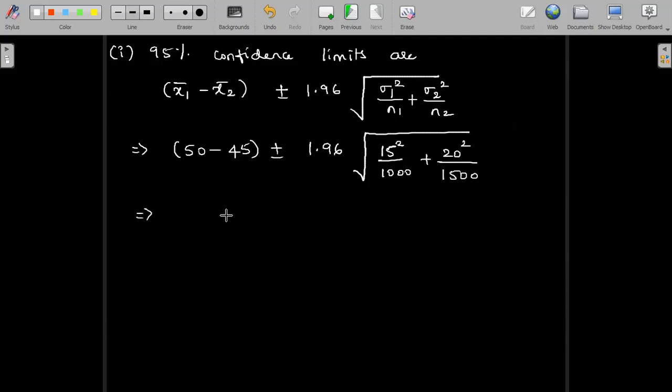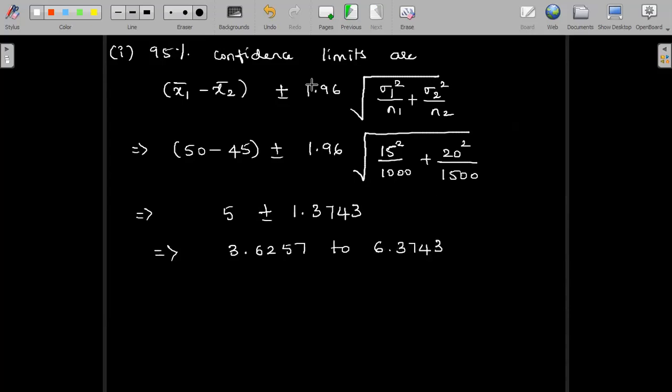And this gives us 5 plus or minus, this entire evaluation gives us 1.3743. I have rounded off to 4 decimals, and this is one and the same as saying 3.6257 to 6.3743.